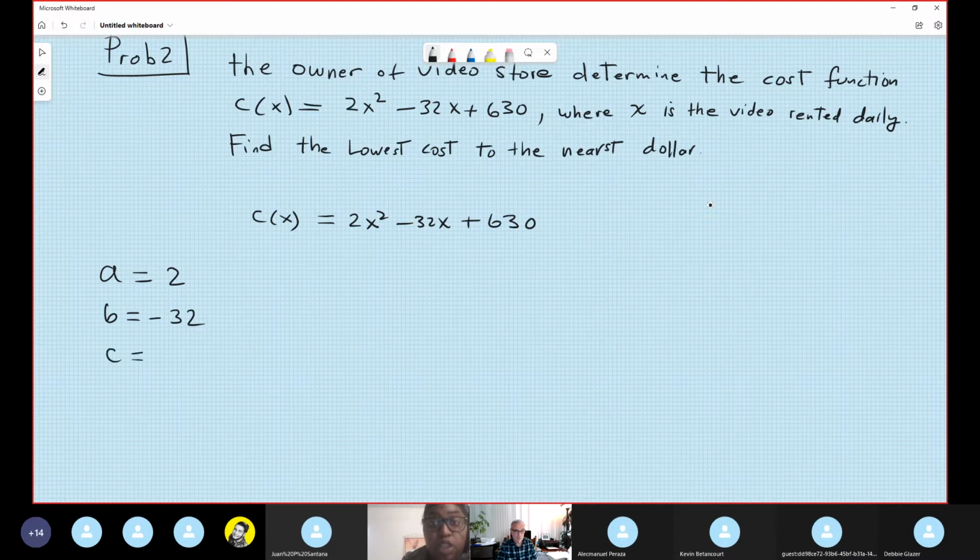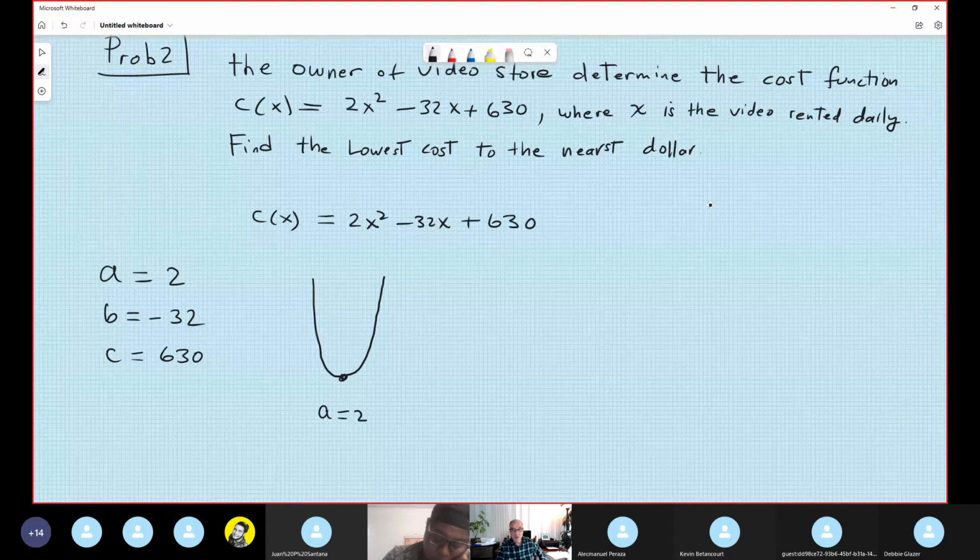C is 630. Exactly. My next question, this parabola opens in what direction? The parabola opens upwards because A is positive.